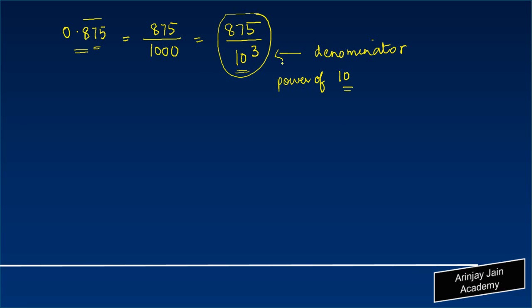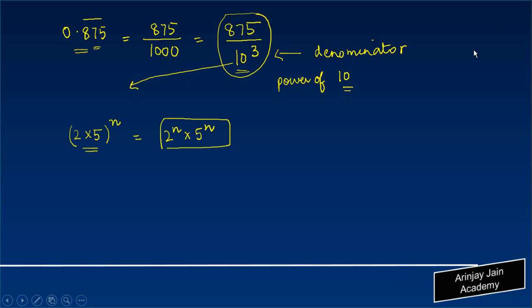Now, if you write 10 in terms of prime numbers, 10 can be written as 2 times 5, because these two are the only prime factors of 10. So any terminating decimal expansion rational number will have a denominator of 2 to the power n times 5 to the power n.